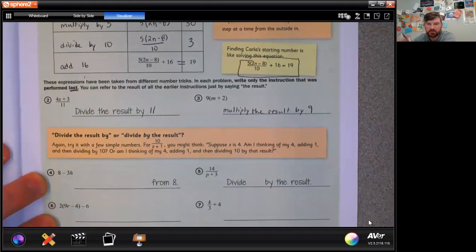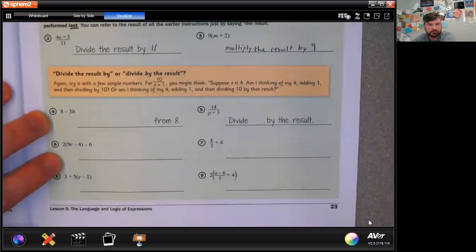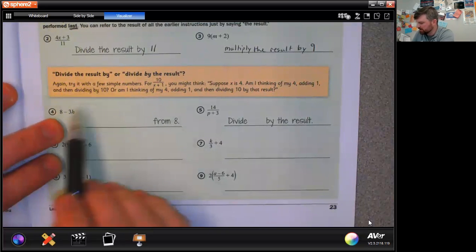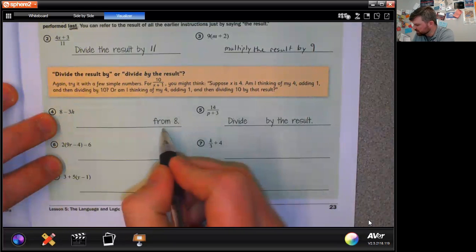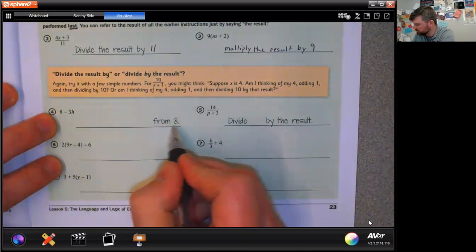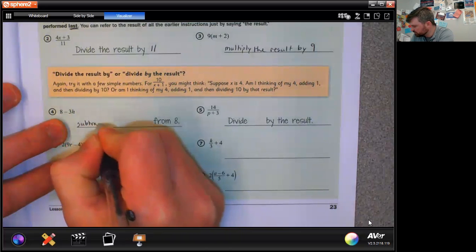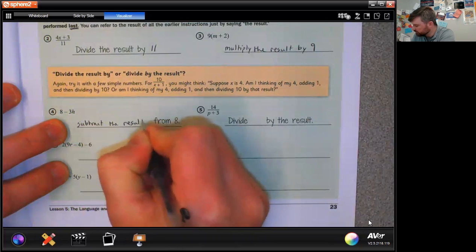All right, here's some more. You have 8 minus 3h. This is the result, but you're taking the result from 8. So subtract the result from 8.